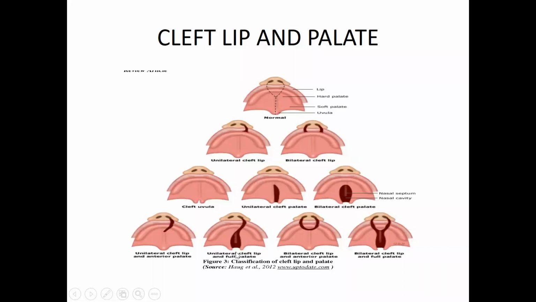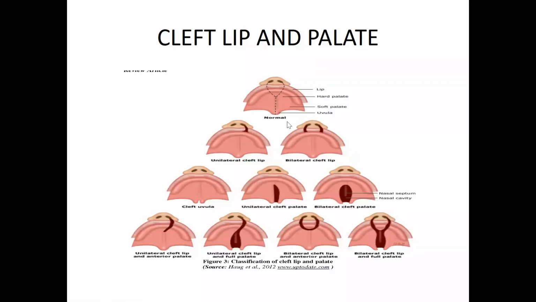Here the unilateral cleft lip and the full palate are involved. Here bilateral palate is involved, only the anterior part. This is the bilateral cleft lip and cleft palate. These are the different types you can see.